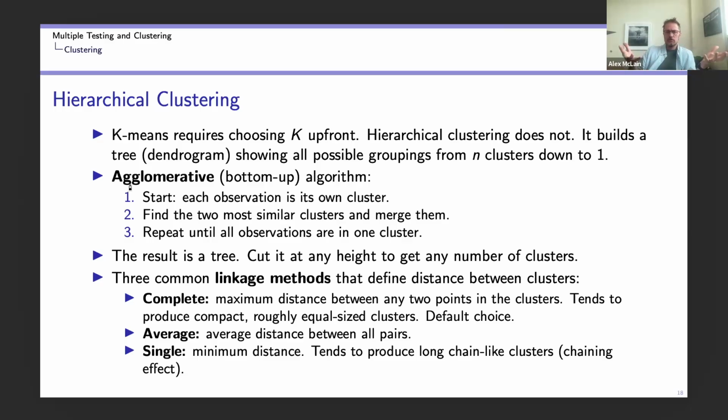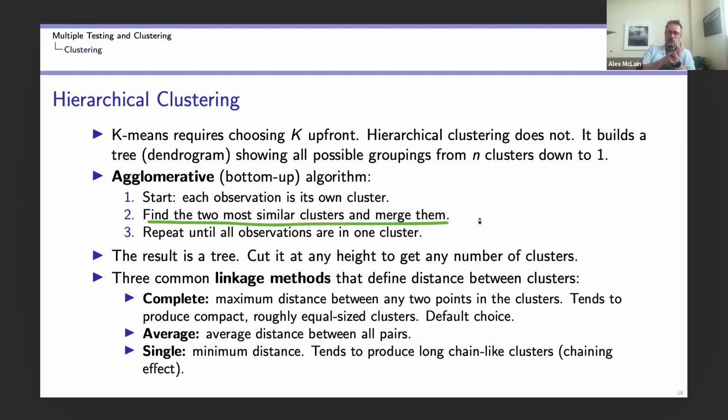There are different ways to do this. The agglomerative, which is a bottom-up algorithm: every variable starts in its own cluster. So we have, let's say, n clusters to start, and we find the two data points that are most similar. Which two data points are the most similar to one another?